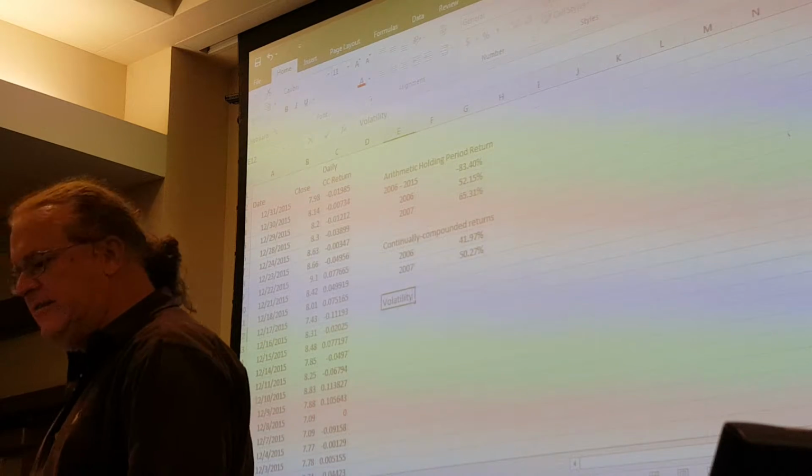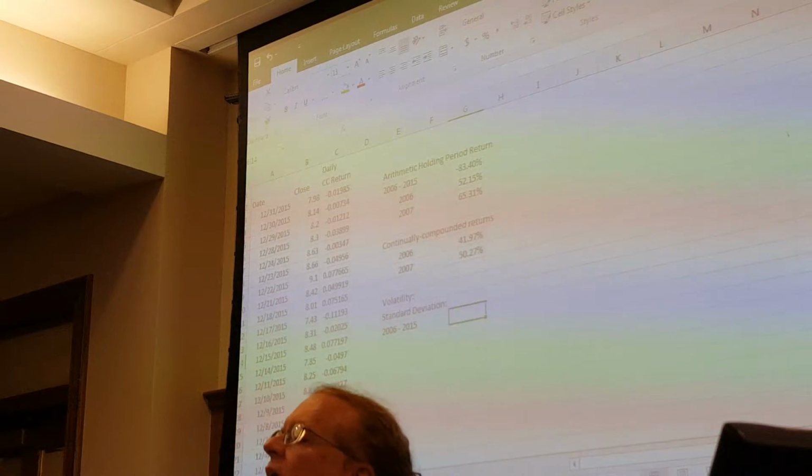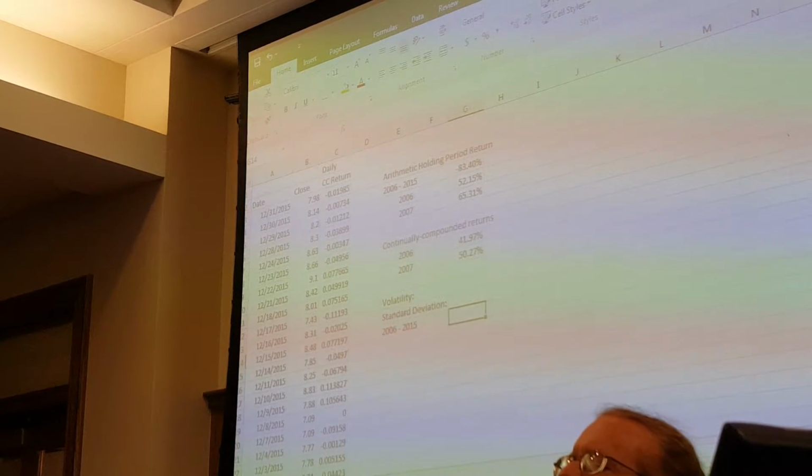I'll title these Volatility, Standard deviation, from 2006 to 2015. Now I've had y'all compute it using the formula before, but this would get rather tedious if you did it for everything here. So you can go ahead and use the Excel function for standard deviation.